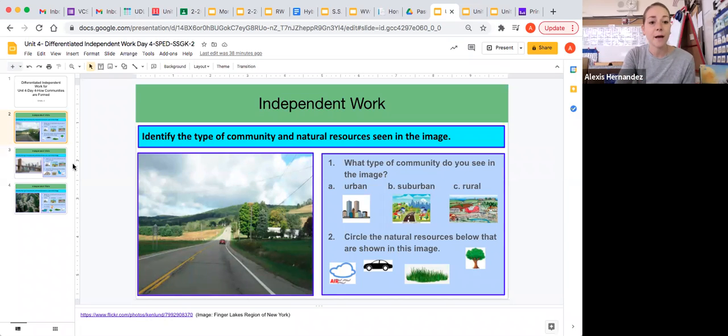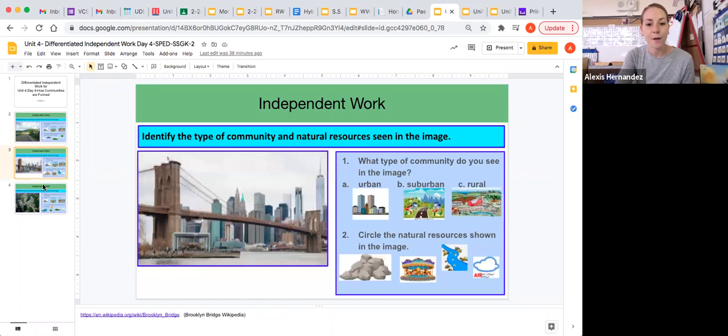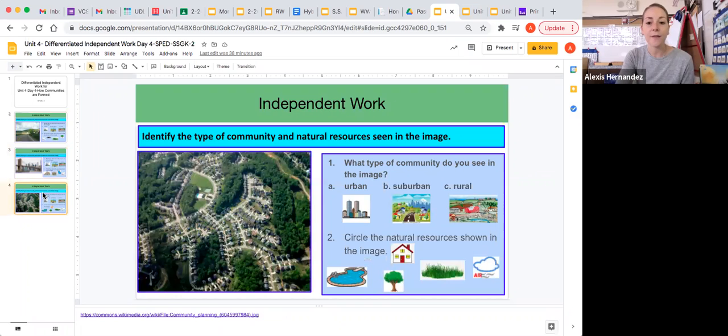I've repeated this type of scaffold with the following 2 images, the one of the skyline and the aerial view, and you'll see that they have the same selections. They pick urban, suburban, or rural with the picture supports, and they have to circle the natural resources shown rather than just identify them on their own.